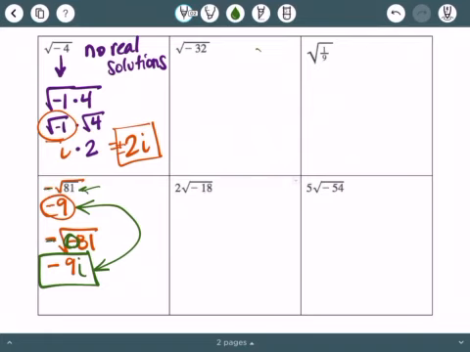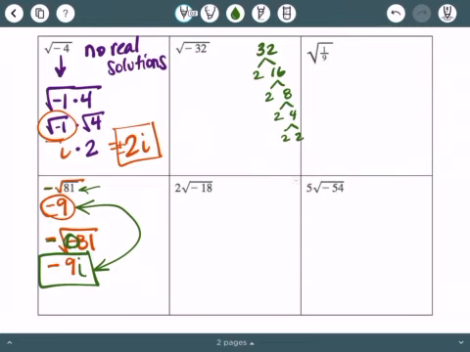So moving forward, we're going to look at what happens when we don't really know the number. 81 is an easy number, but negative 32, not so much. So I'm going to take 32 and try to simplify this. I know that it's 2 times 16, and then I know 16 is 2 times 8, which is 2 times 4, which is 2 times 2.